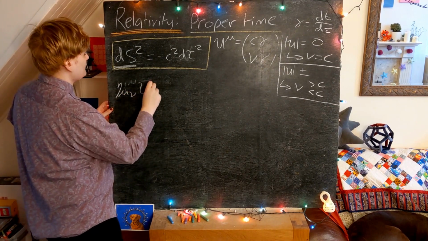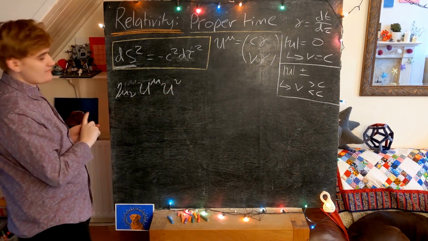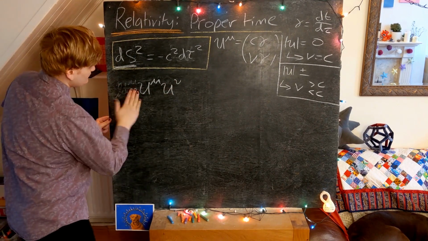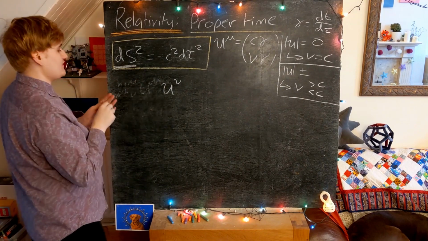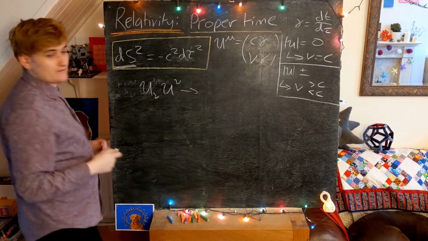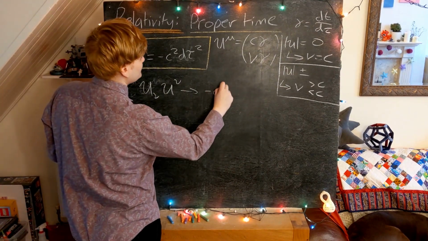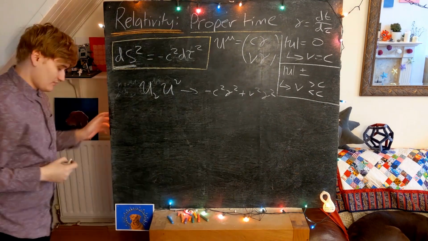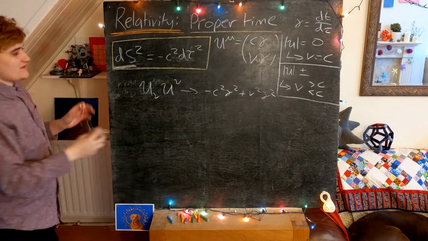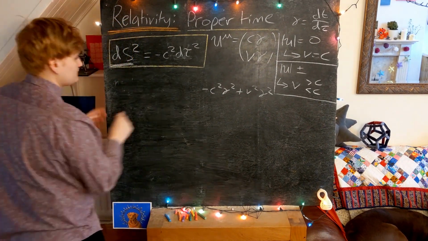Essentially contract two four-velocity vectors with the metric. One of these then gets turned into a one-form, and then this sum just results in the following formula, so it's minus c squared. Okay, so that's simply the length of our four-velocity vector.